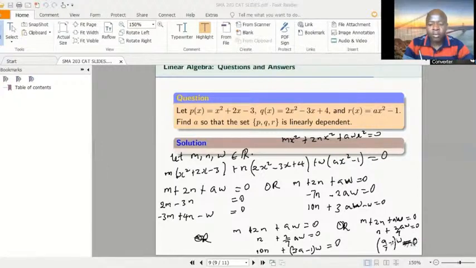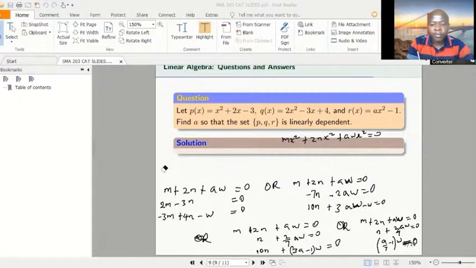So you only need to equate the left side so that we have the system having infinitely many solutions. So then we complete the solution to this question.